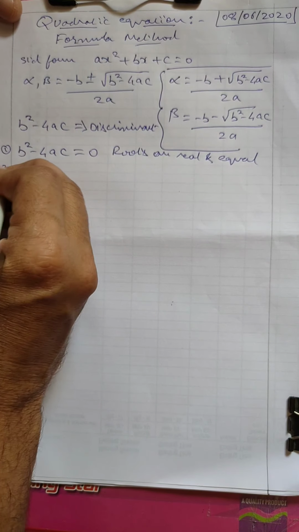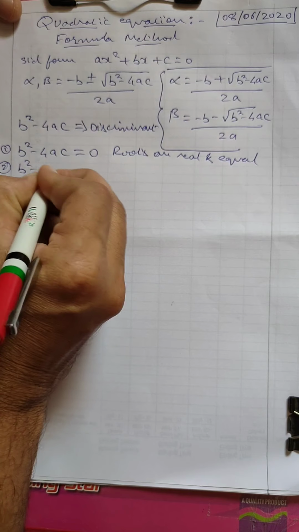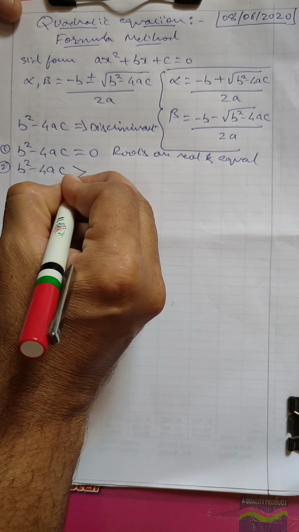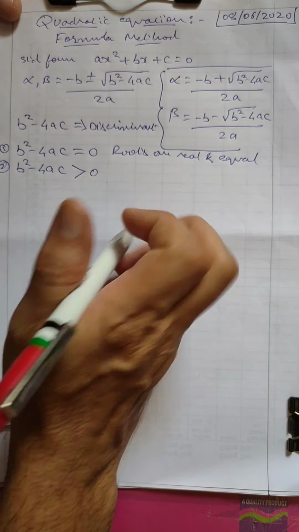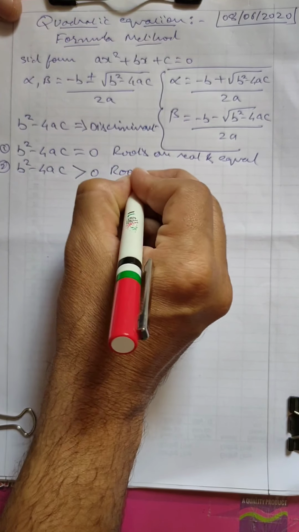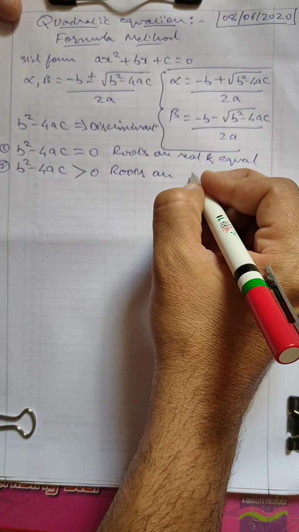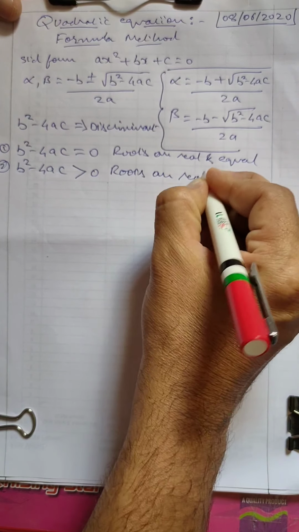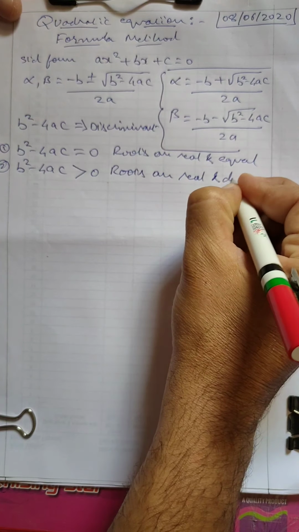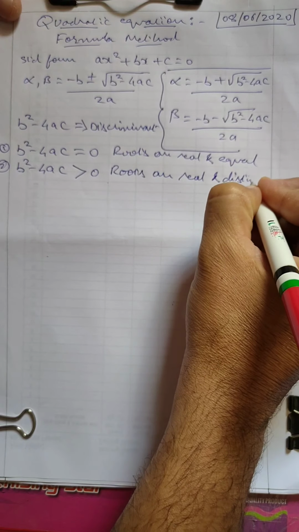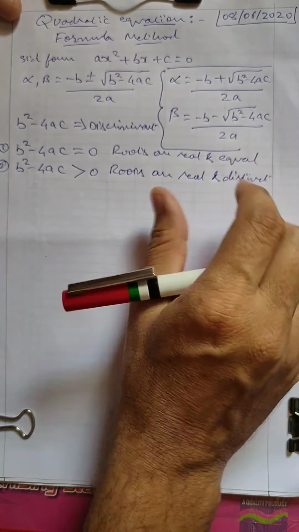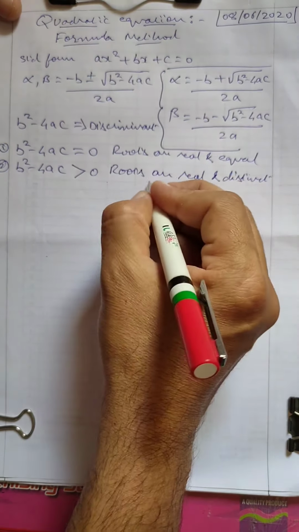What is the second condition? If b square minus 4ac is not equal to 0 but greater than 0, then the roots are real and distinct. Distinct means unequal.